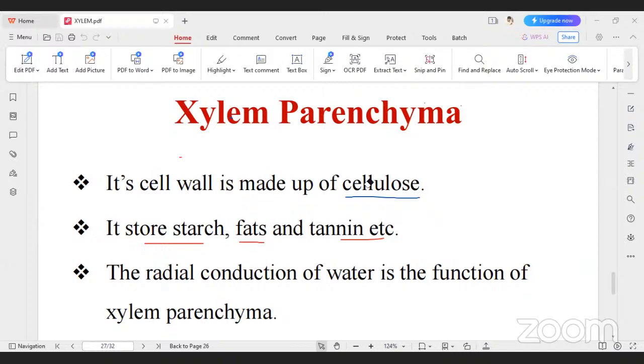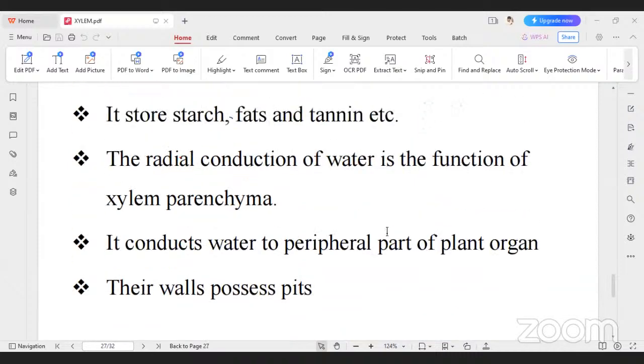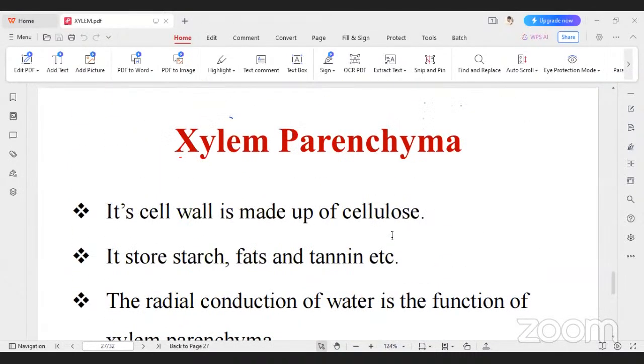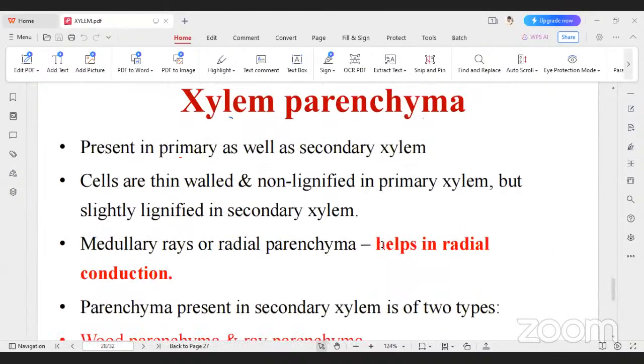Xylem parenchyma is not only for storage; it is also involved in lateral conduction of water, lateral movement. The xylem parenchyma wall layer also possesses pits. It is present in primary as well as secondary xylem.